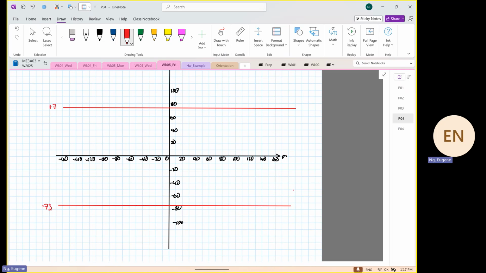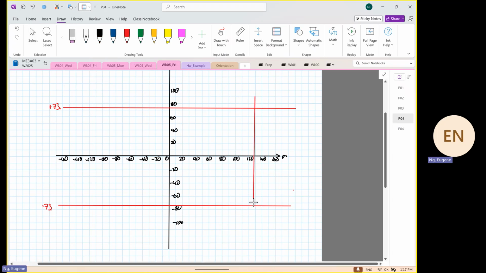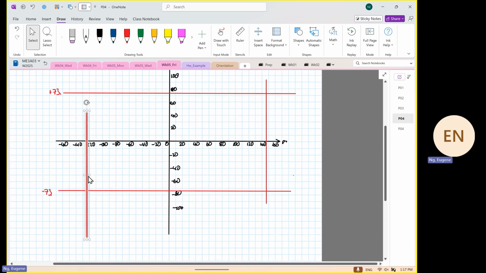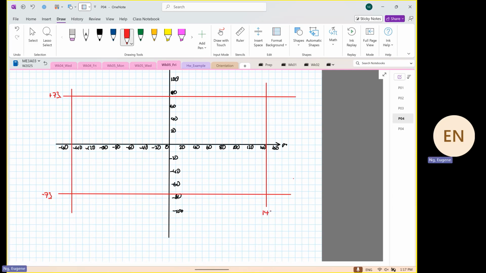This is our positive 73. 73 times 2 equals how many? 146. Then I'm going to draw two lines at 146. So this is our 146 line. And this is also our minus 146 line. Okay. So we know that this is our 146 line, and this is our minus 146 line.